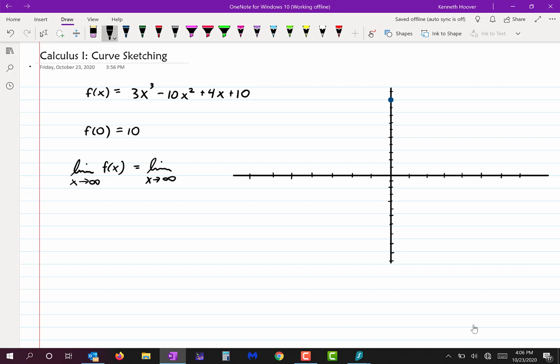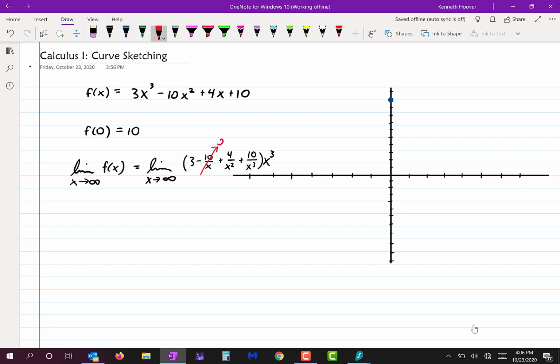Wouldn't it look like this then? 3 minus 10 over x plus 4 over x squared plus 10 over x cubed, times x cubed. Isn't that correct?